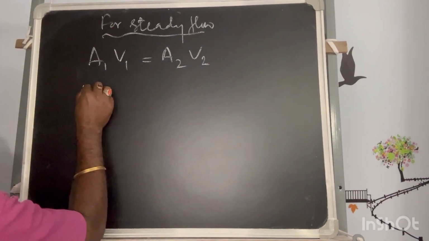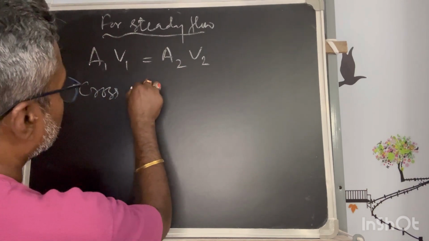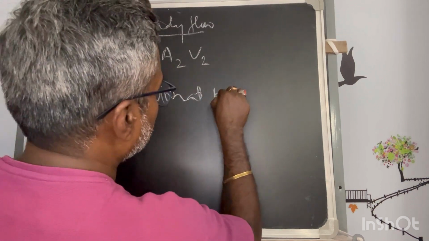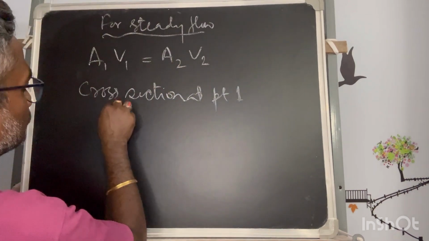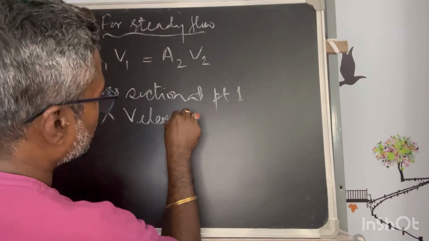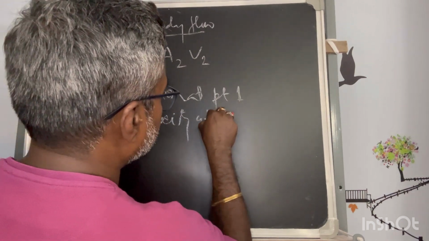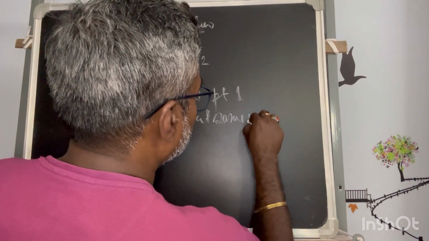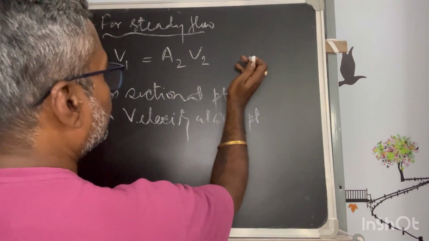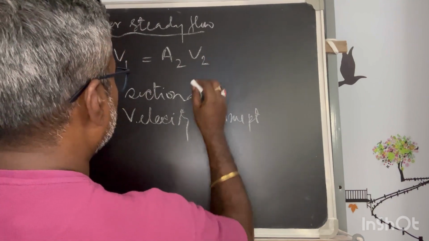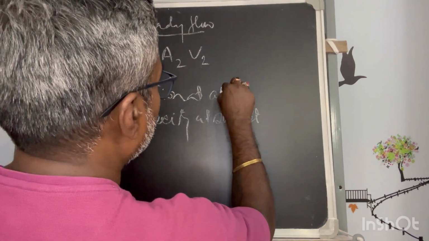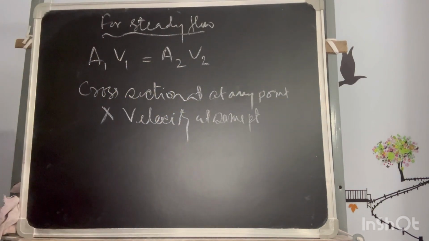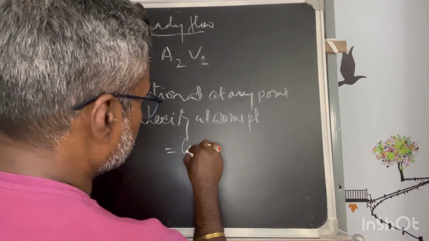That means the cross section at any point multiplied by the velocity at the same point is a constant.